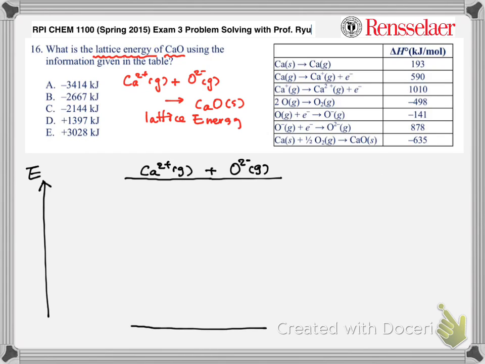At the bottom, you expect to have the CaO solid on the lattice, and the energy drop here we call the lattice energy.